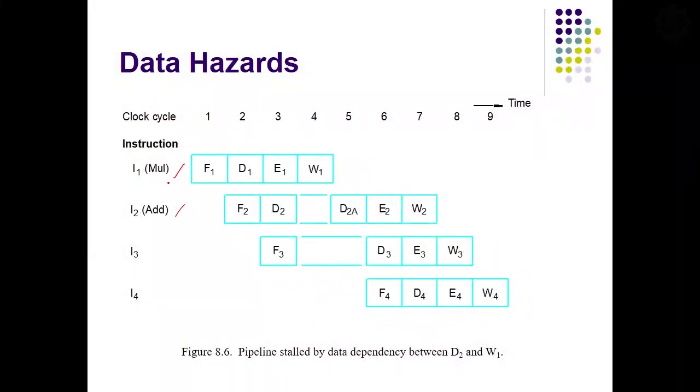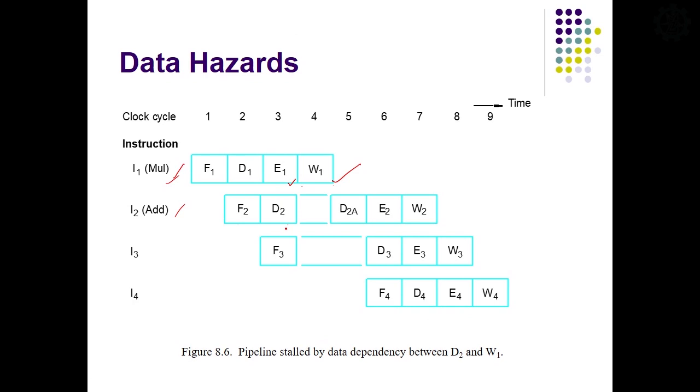We have the first instruction, no problem for the first instruction, that is the multiplication. It is executed up to W1. After that, when the second instruction decodes, it will realize that it has the operand A, and A is already the destination of the just previous instruction, and that computation is yet to complete, because it has executed but not written back, that means the result is not written to the destination.